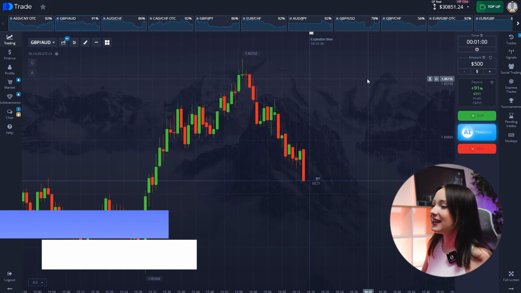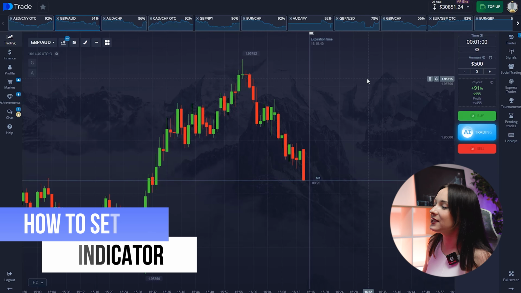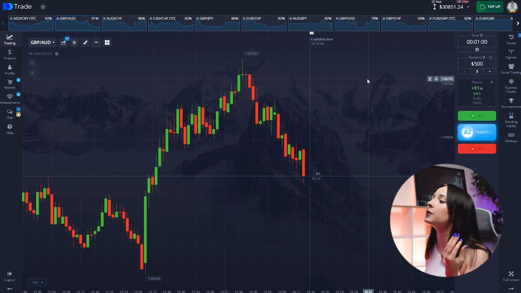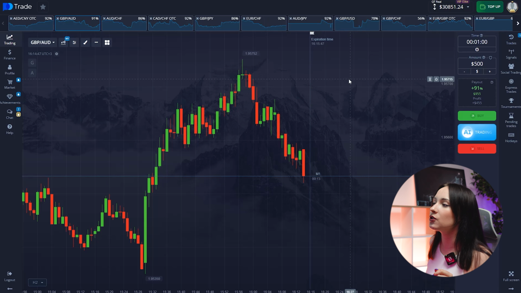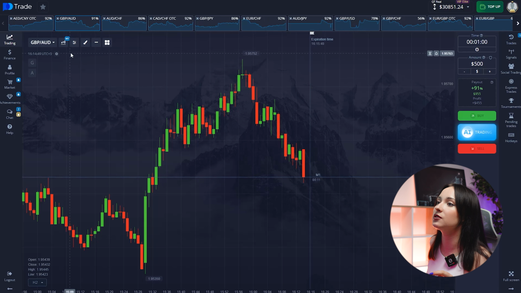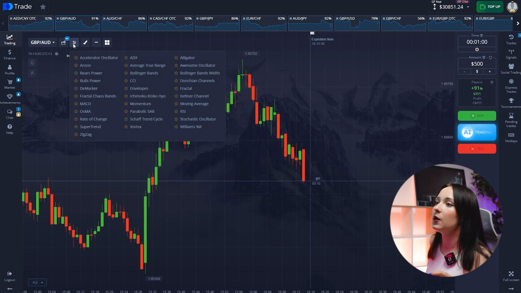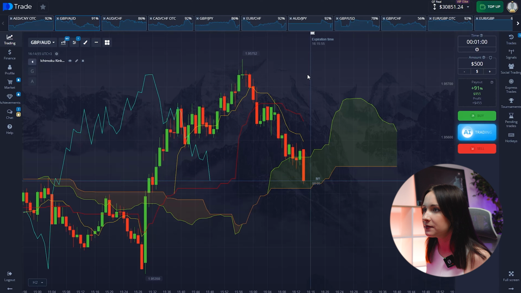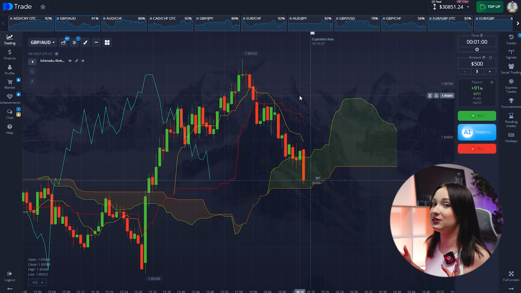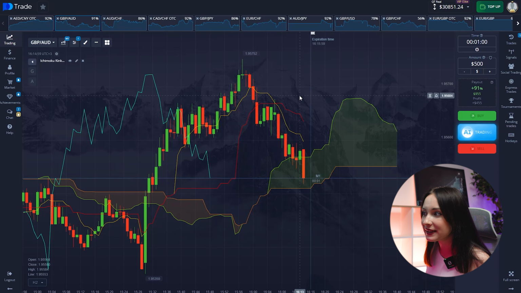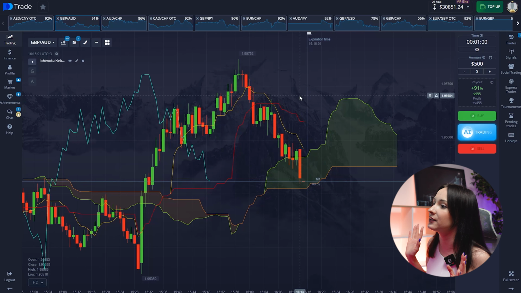As you can see, I've already opened our favorite Pocket Option trading platform with the highest win rate and most reliable, and what I do is go to the top left, our favorite section corner with indicators, and open the Ichimoku Kinko Hyo technical indicator. As I told you, it is quite complicated and may be shocking and confusing.